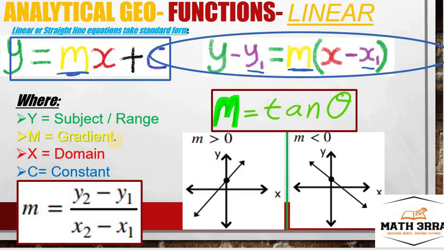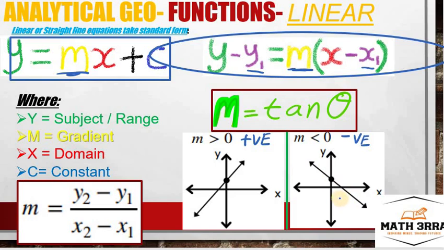Likewise, when the gradient is positive, we are going to have a line that is always increasing from left to right, as we have in this sketch in here, and vice versa. When the gradient is below 0 or less than 0, ergo negative, we are going to have a graph that is decreasing like this one in here.